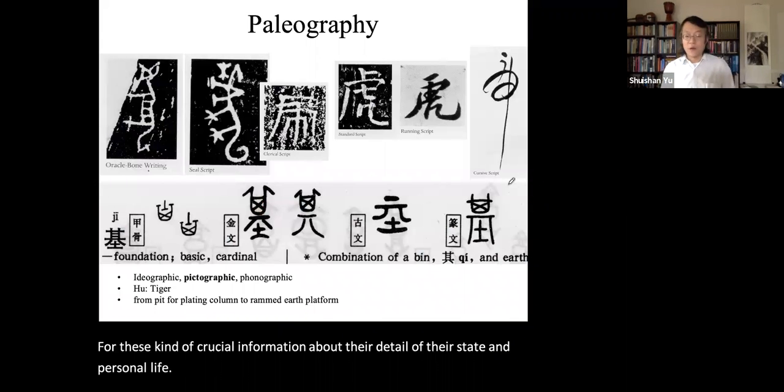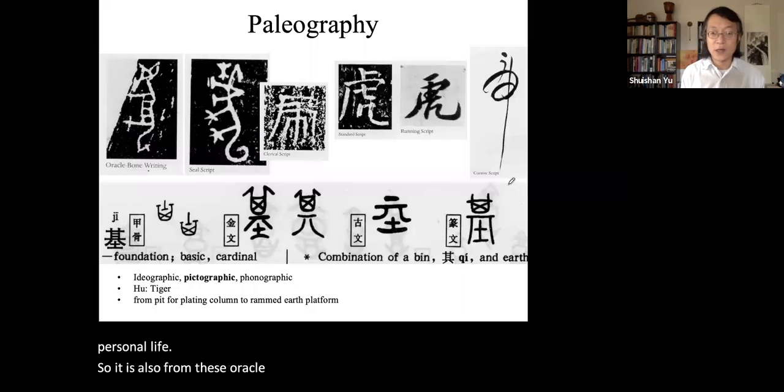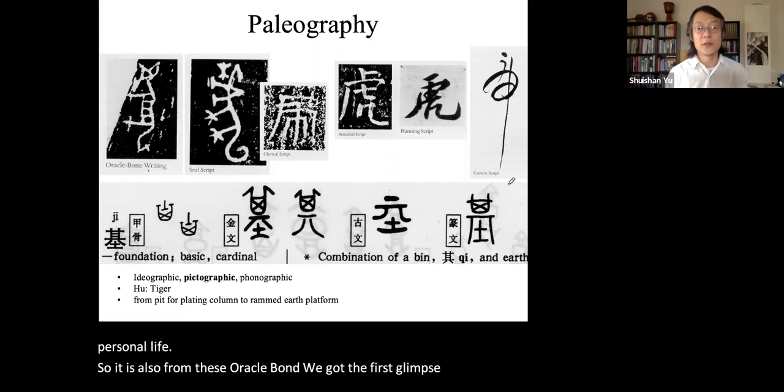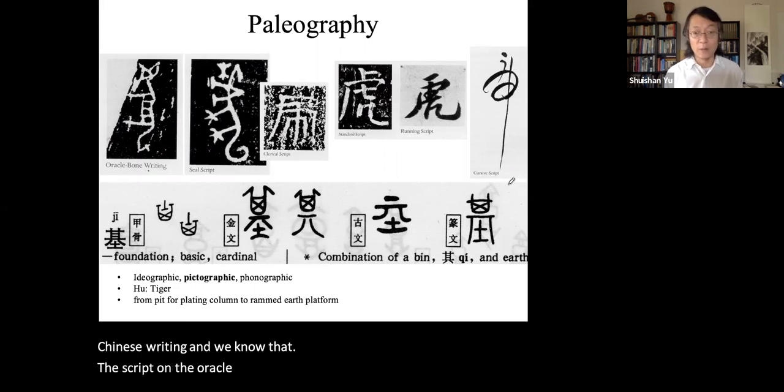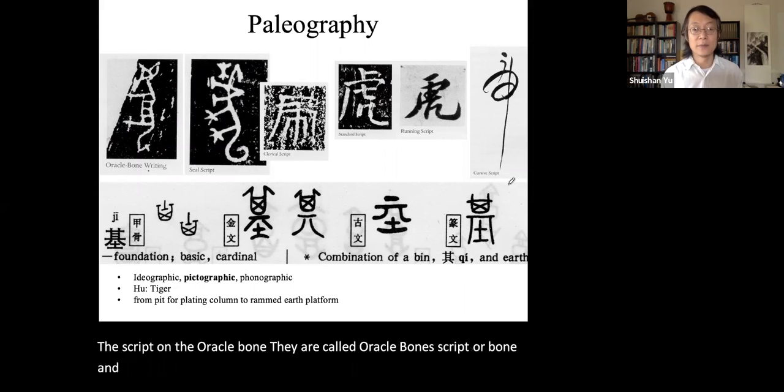So it is also from these oracle bones that we got the first glimpse into ancient Chinese writing. And we know that the script on the oracle bones is called oracle bone script or bone and shell script, 甲骨文 in Chinese.